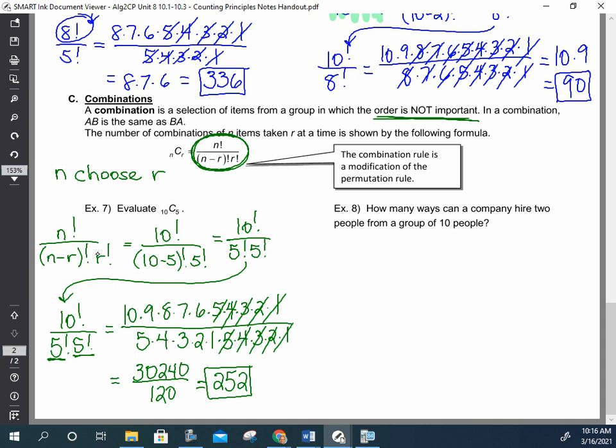Again, that's the long way. If you don't have a graphing calculator, you don't have a scientific calculator, then that's the way you have to do it.